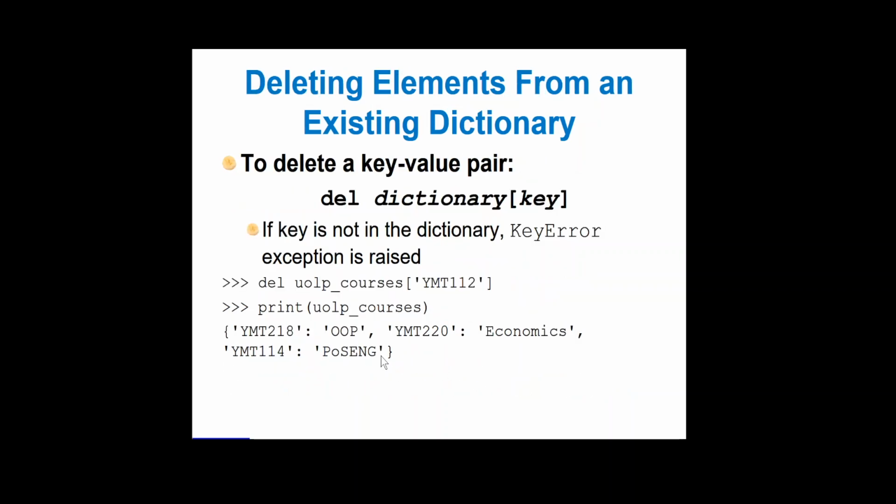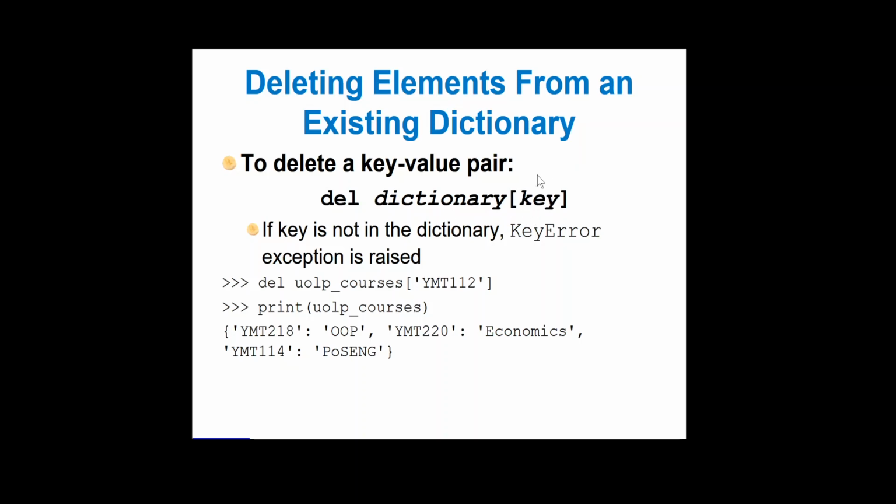Okay. Imagine you want to delete an element from a dictionary. You use the delete function del. So del will allow you to delete an element based on the key. You can use the key to specify an element to be deleted, and you will be able to delete that element if the key is available.